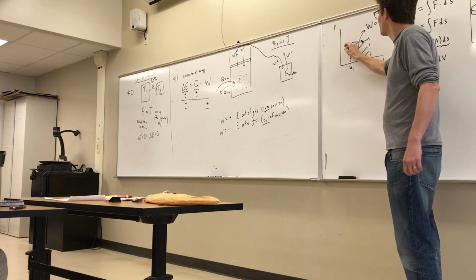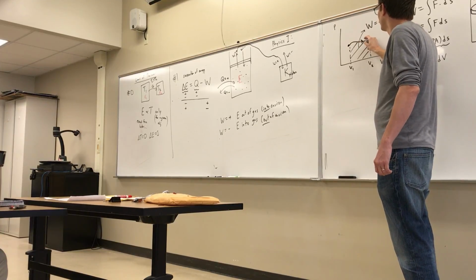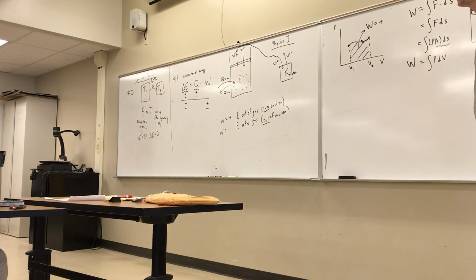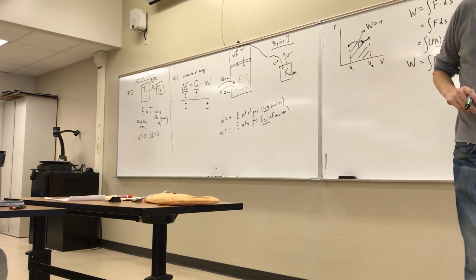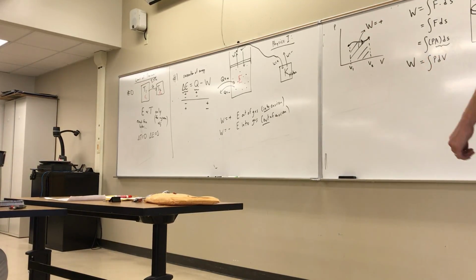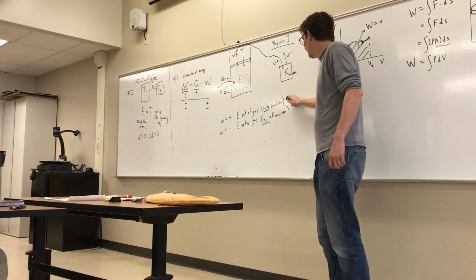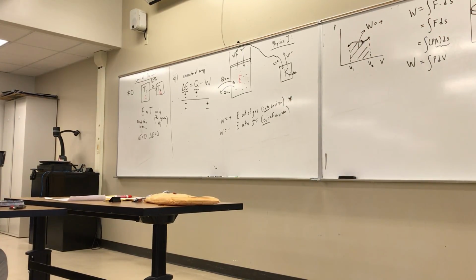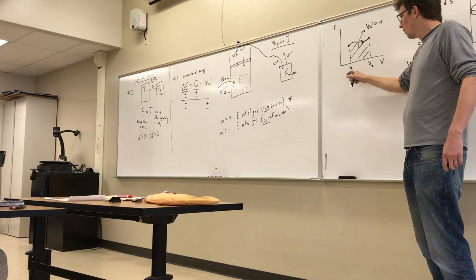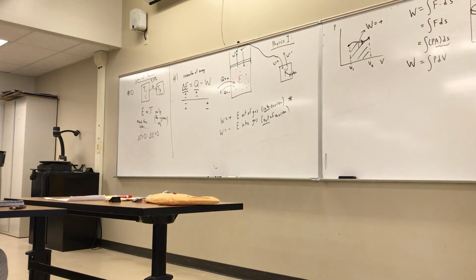So if my pressure versus volume proceeds in this way, that's just an arbitrary shape, then the area under the curve is positive. Again, what does that mean? It means that energy is going out of the gas. It's doing work on the environment by going to a larger volume.